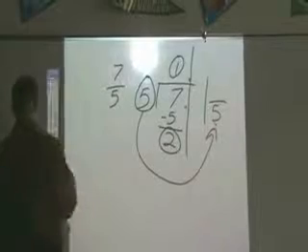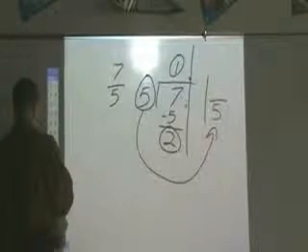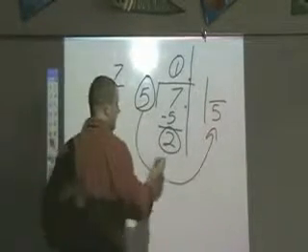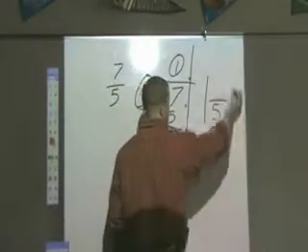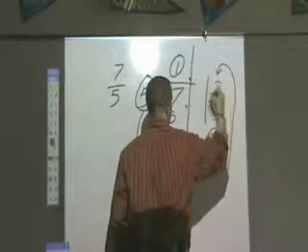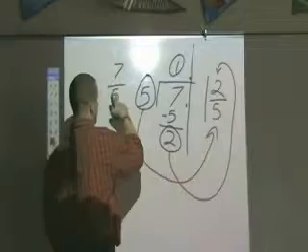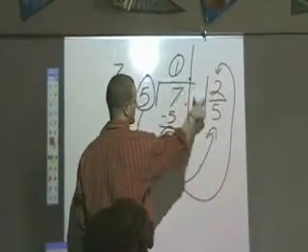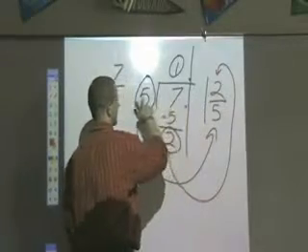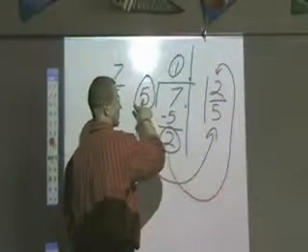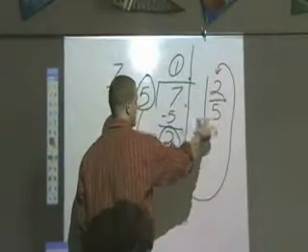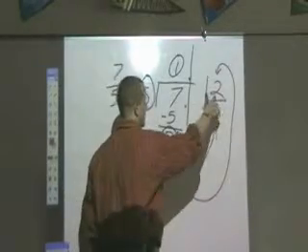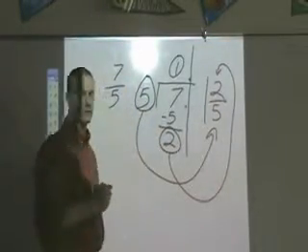The next step is going to be my numerator. Whatever your remainder is, that becomes your numerator. So 7/5 equals 1 and 2/5. My quotient or answer becomes my whole number. My divisor is my denominator, and my remainder is now my numerator.